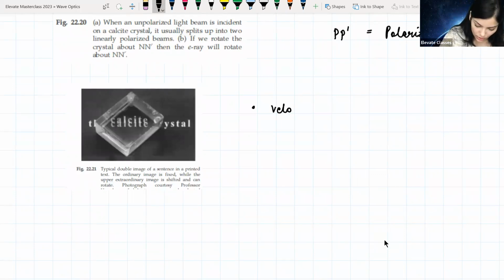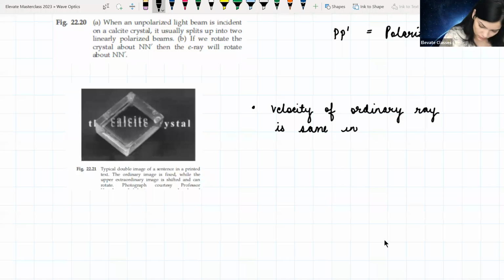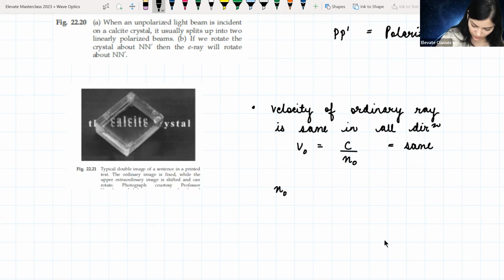So the velocity of the ordinary ray is the same in all directions. And V naught, the O or naught here signifies the ordinary, would be equal to this. So this is the same. So what is N naught? N naught is the refractive index.